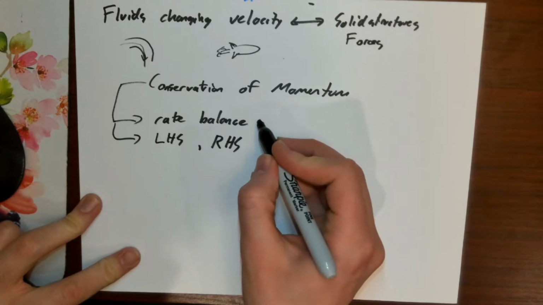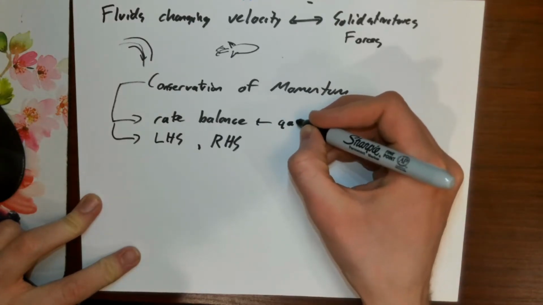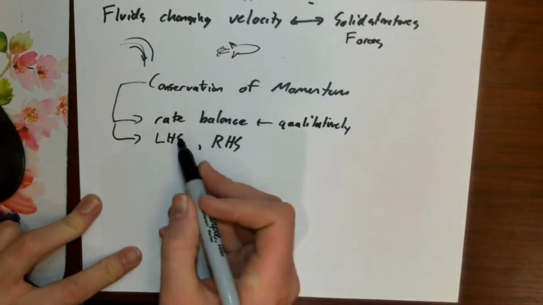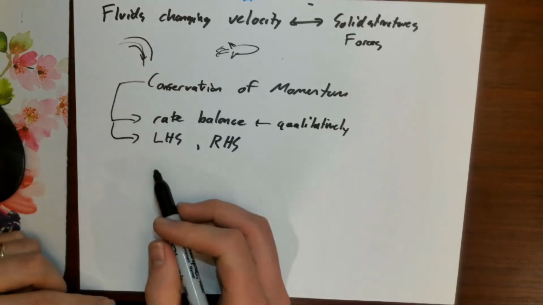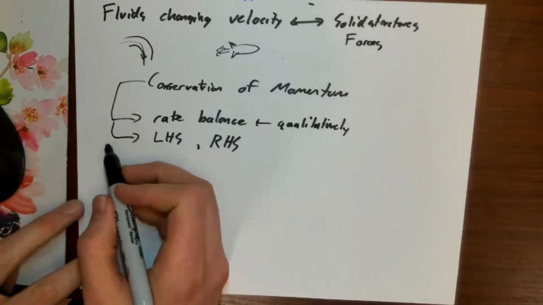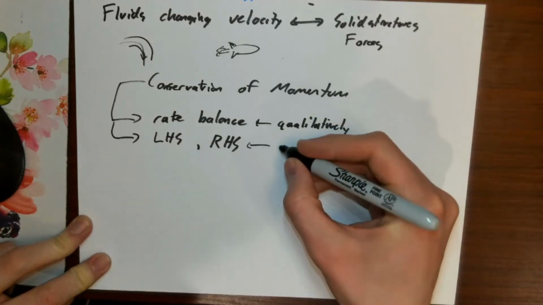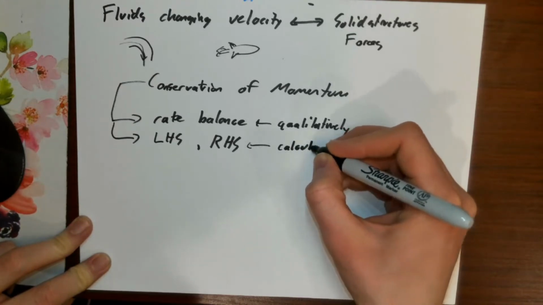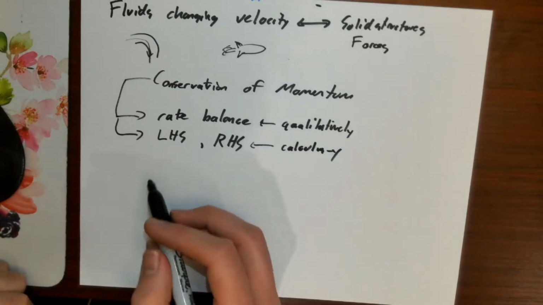We're going to talk about what is the left-hand side and what is the right-hand side of all these terms. At the beginning, we're going to talk about this rate balance qualitatively. What qualitatively are we balancing, what terms exist in the conservation of momentum. Then we're going to talk about specific terms on the left-hand side and the right-hand side in a calculus-y sort of way.